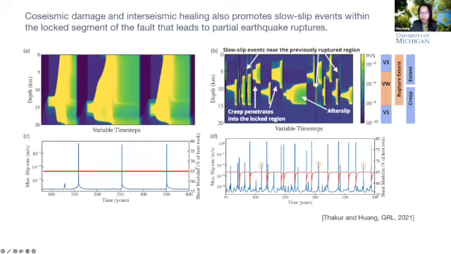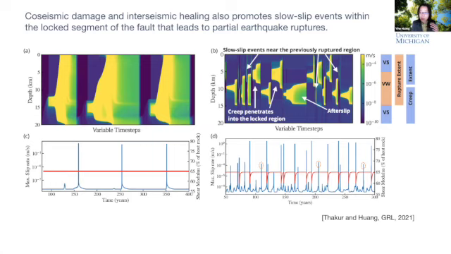But then if we still start from 65%, but it is reduced by 5% after the earthquake and heals back, we start seeing a lot more slow slip events developed close to the previously ruptured regions. Because these slow slip events can release the stresses on the fault, they limit the size of the subsequent earthquakes.